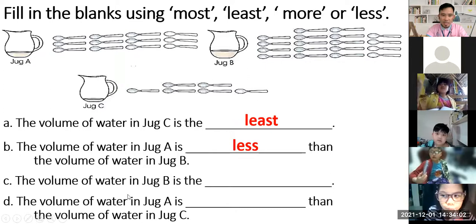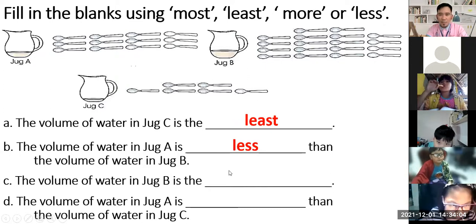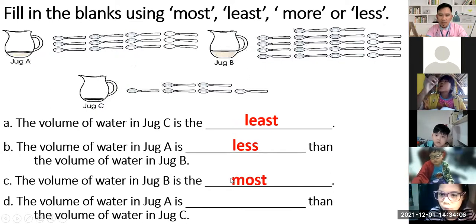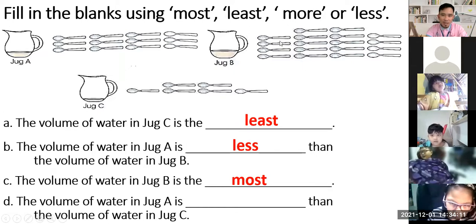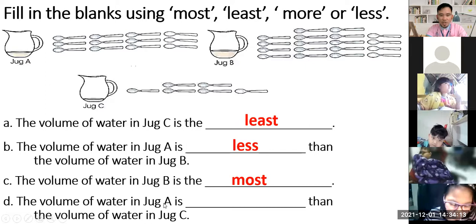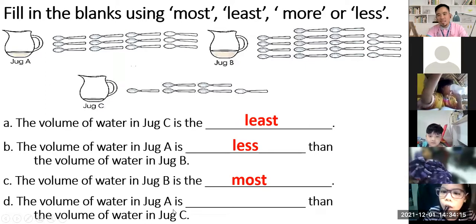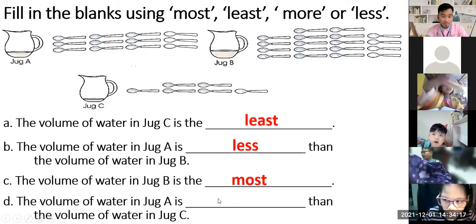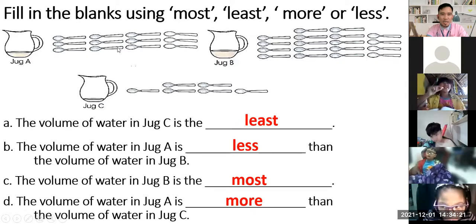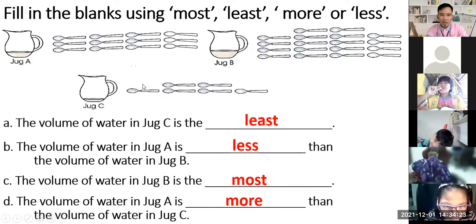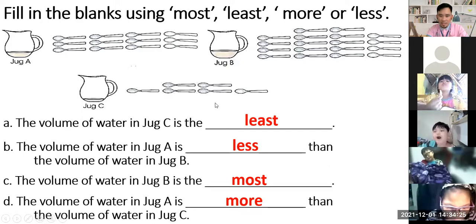Here is 18. Jug B is the most, because there are 18. This is the most number of tablespoons. And we will compare jug A and C. More. Jug A is more because jug A has 12, and jug C has only 6.